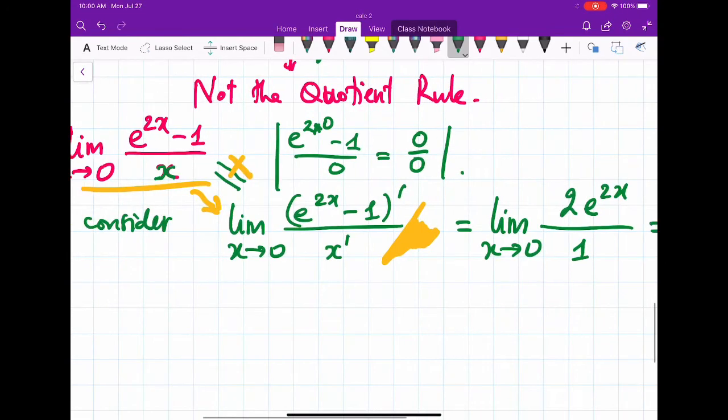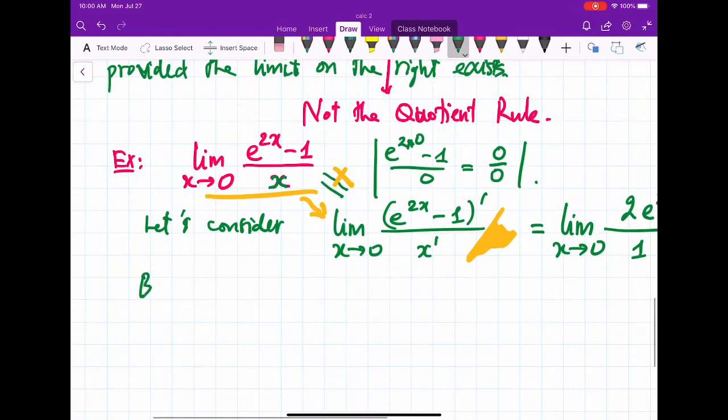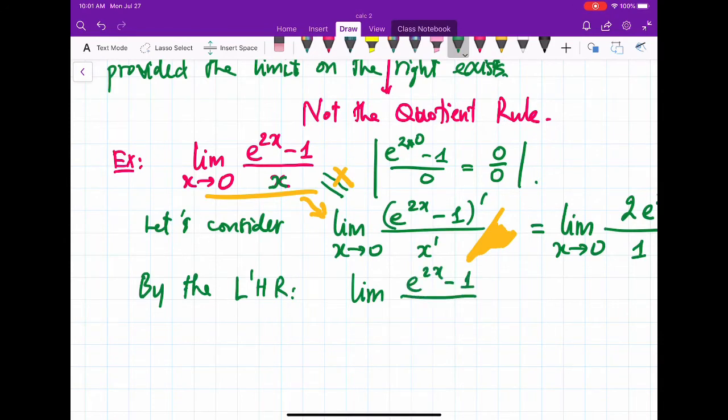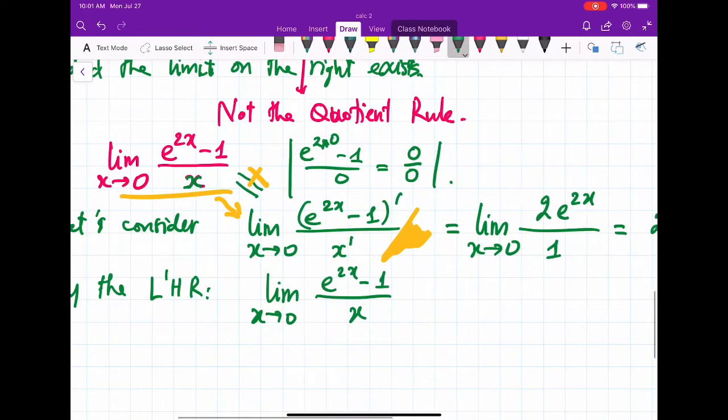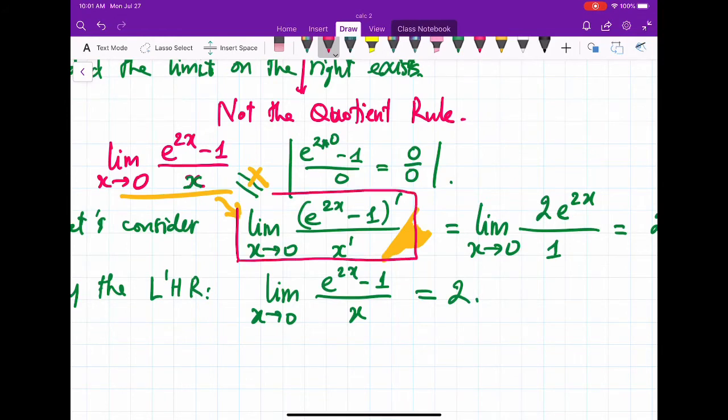Then from now we say, yes, by the L'Hopital rule, the original limit of (e^(2x) - 1) over x as x approaches 0 equals 2. You see, only in the case when this limit exists. Don't forget that. So you need to consider that limit first. Alright?